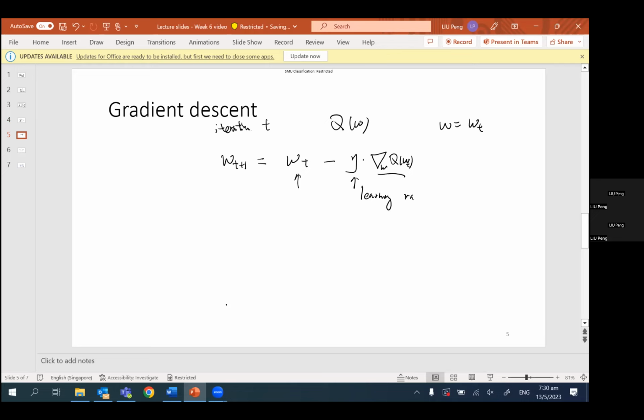This controls how big the step is, or it can also be called the step size in each update. And then we subtract it because we are descending, right?